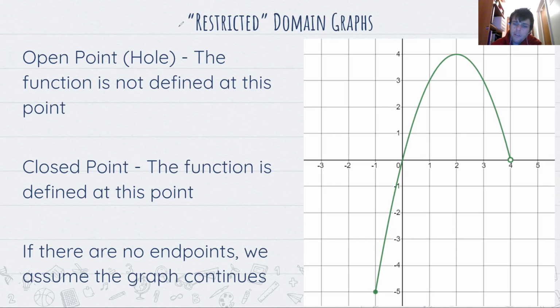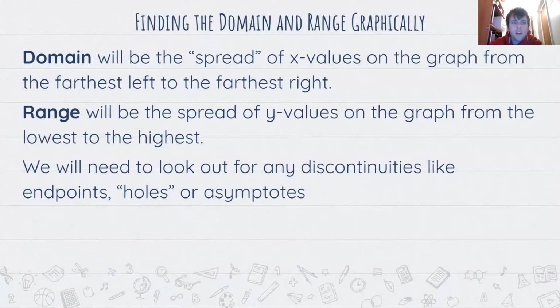Whereas over here, we have a closed point, and the function is defined all the way up to and including that point. So just a small difference, you want to pay attention to some of these endpoints, whether we have a hole or a closed dot there. If there's no endpoint and the graph kind of runs off the screen, we're just going to assume that it's going to continue forever. We won't always have arrows drawn on those, so we'll just have to make that assumption.